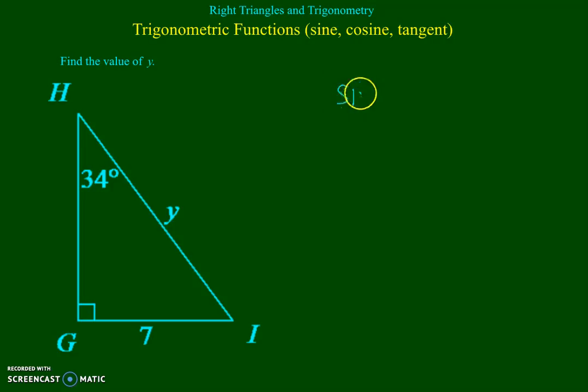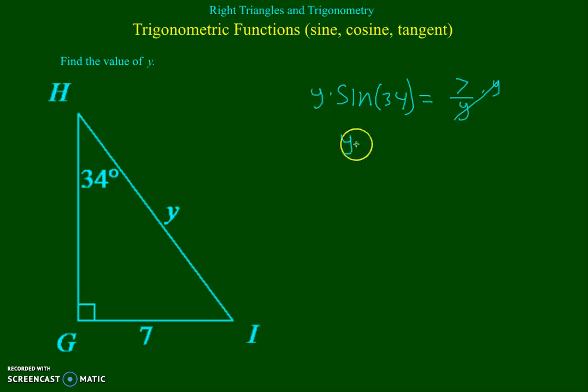Sine of 34, the angle goes into the function, equals some, old, horse, 7 over y. Now we have to solve for y. This is just a basic algebra problem. Multiply both sides by y.